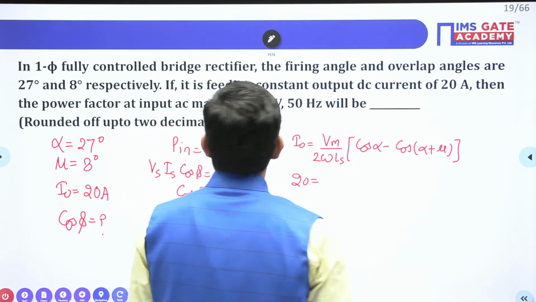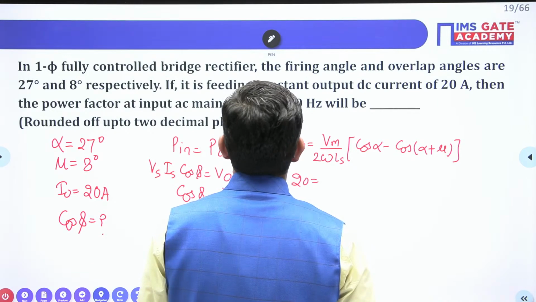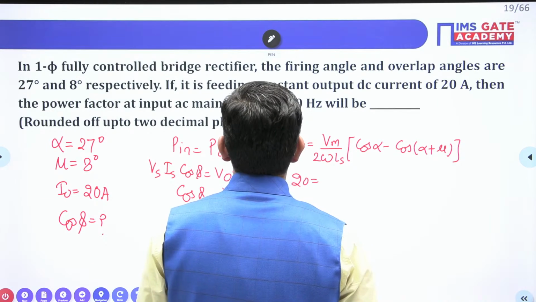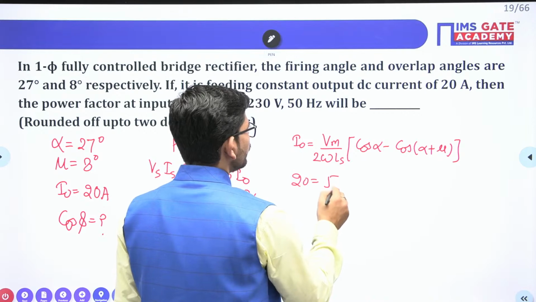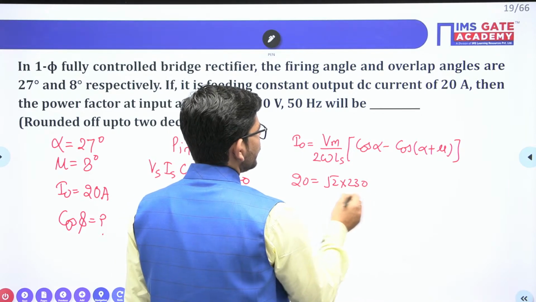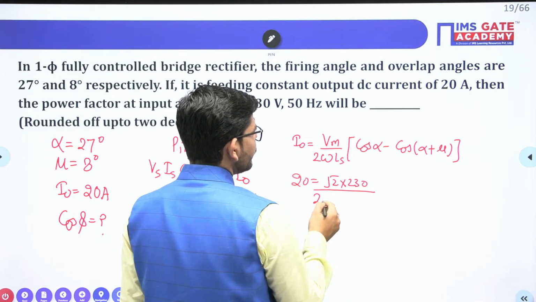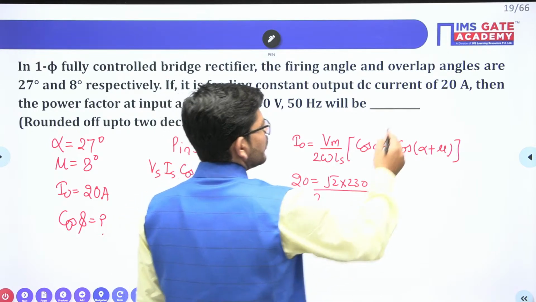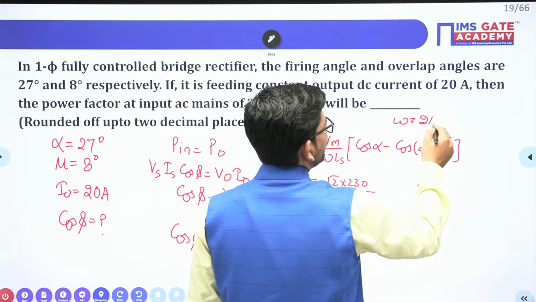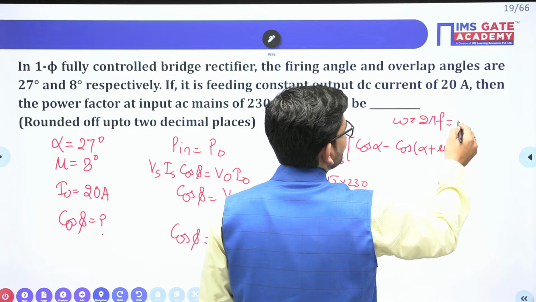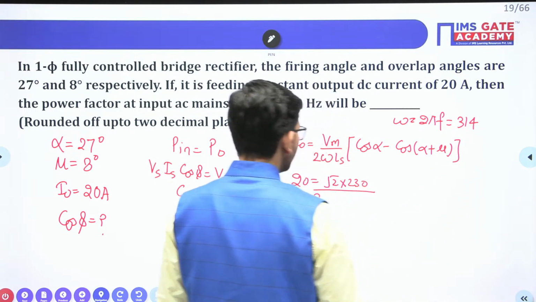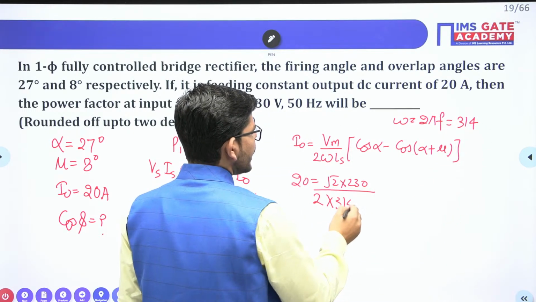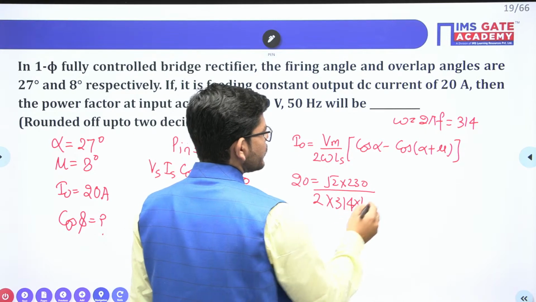What will be the value of Vm here? Vm will be 2 under root 2 into 230, divided by 2 into omega, where omega is 2 pi f, or 314 radian per second, into Ls.